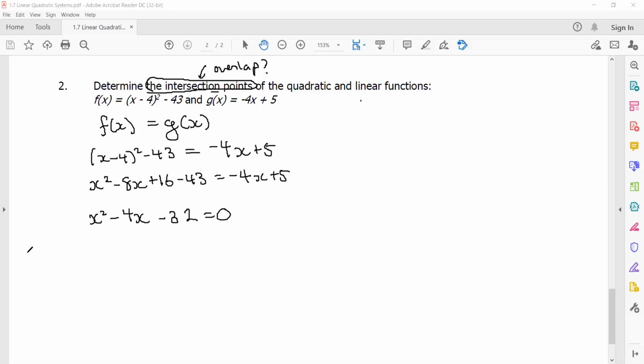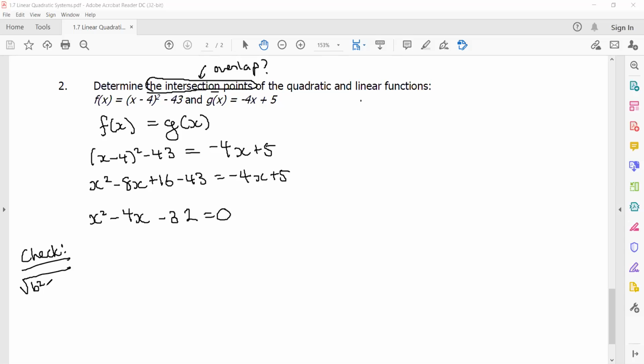If you wanted to go quadratic formula, first thing you want to do is check the discriminant. I also noticed that this can be factored, but let's say this was a test question and you're so tunnel visioned and worried that you're not confident or you're scared that you're going to be factoring this wrong and you want to use the quadratic formula.